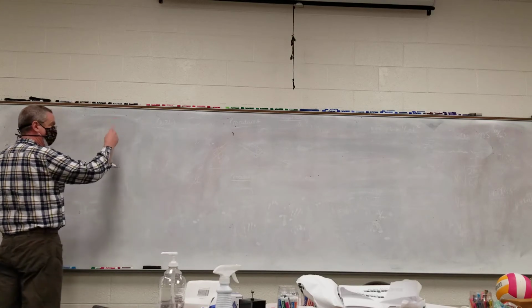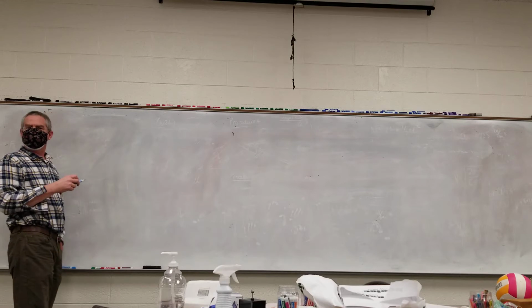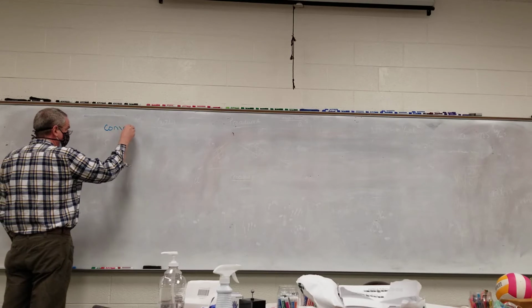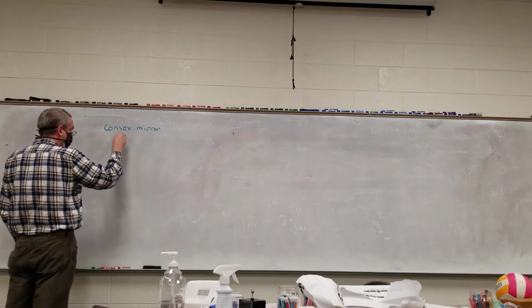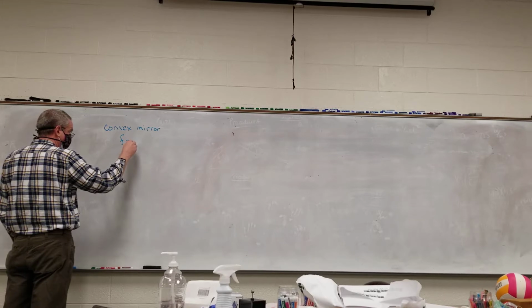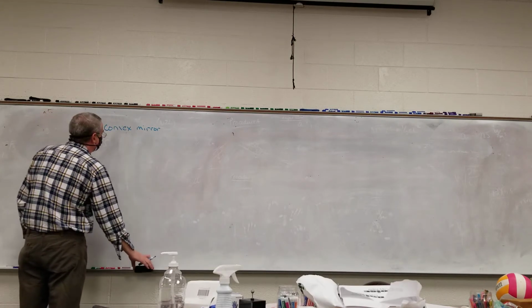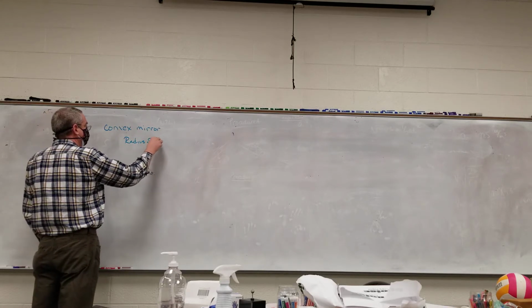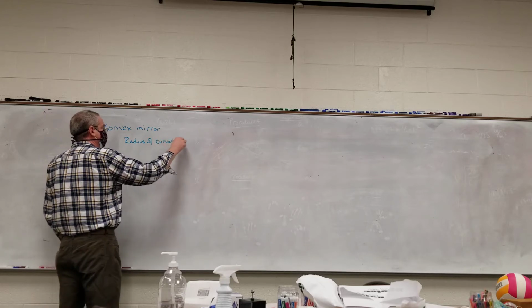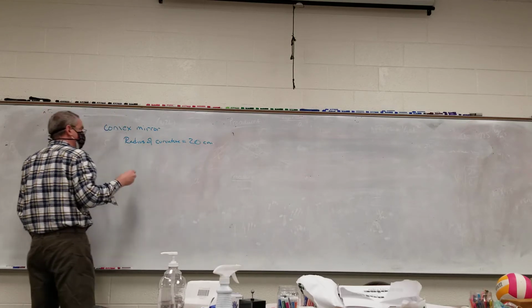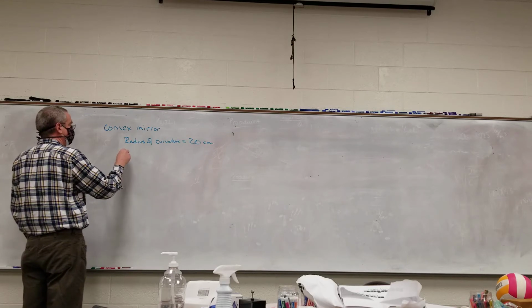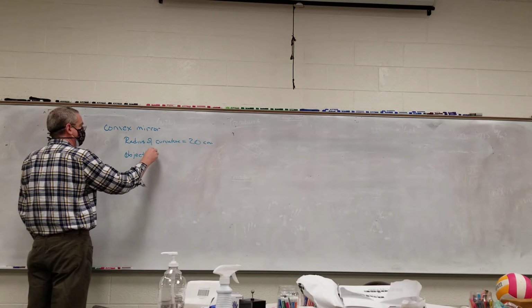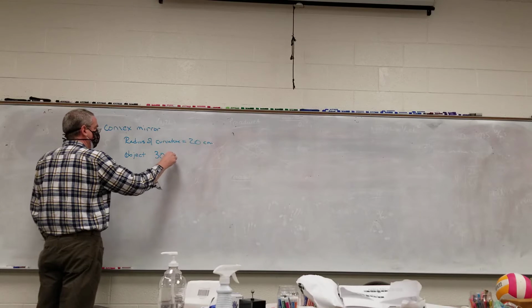So just do a quick problem here. Most of you have calculators, so I have a convex mirror. Focal length is, you know what? Let's make it slightly more sophisticated. Radius of curvature equals 20 centimeters, and the object will be 30 centimeters in front.